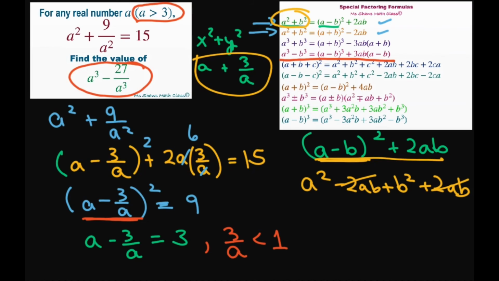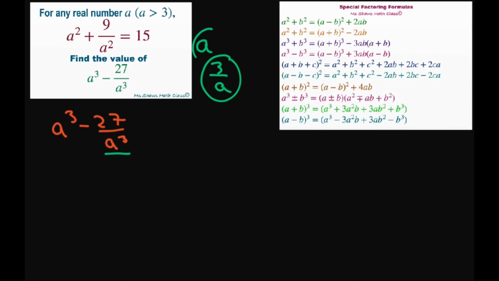And that's going to give me a cubed minus 27 divided by a cubed. If you cube root everything, my first term is just going to be a, and if you cube root this one, you're going to get 3 divided by a. So that's all we're going to use for our formula given here.